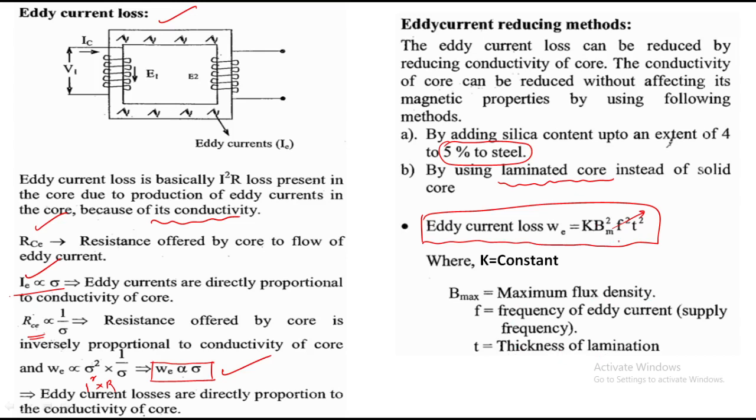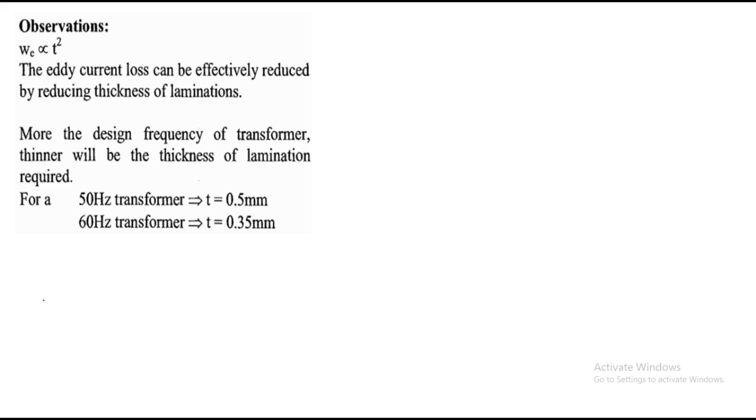During operation, the thickness T and K are constant. Only during manufacturing are we going to change the thickness of the core, but during operation the thickness and the constant K are constants.